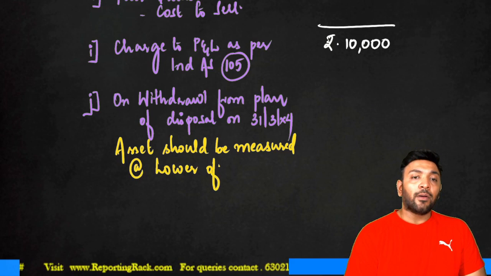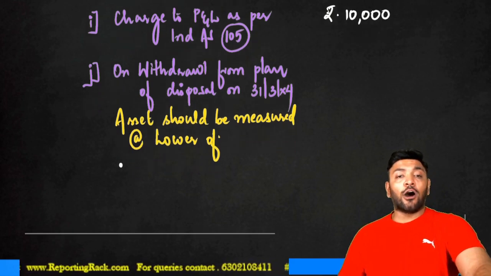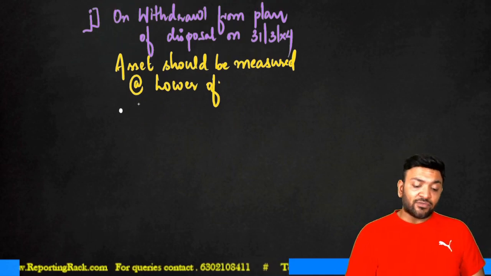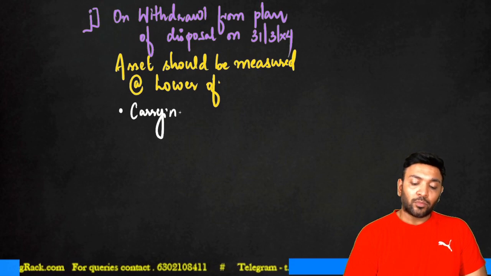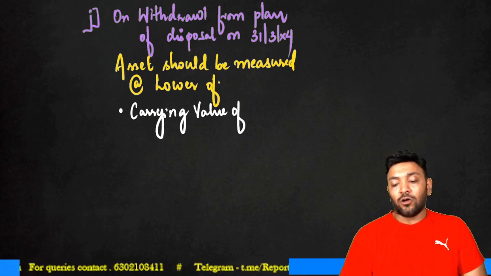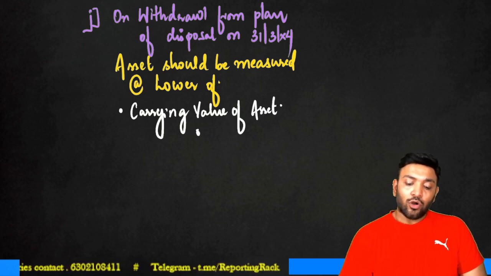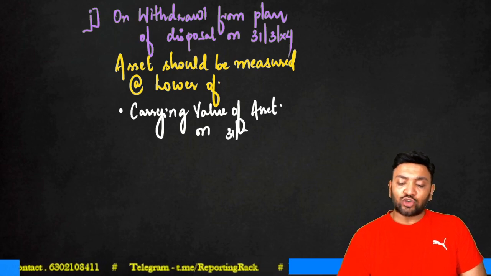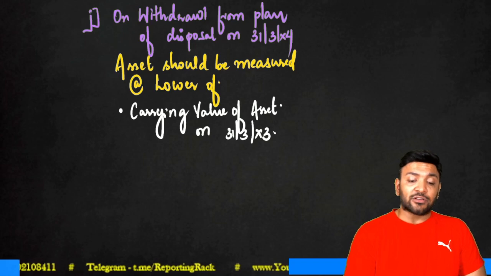Part 1. What is the point number 1? Lower of carrying value of the asset on 31st March 2023, when you have classified it as held for sale.